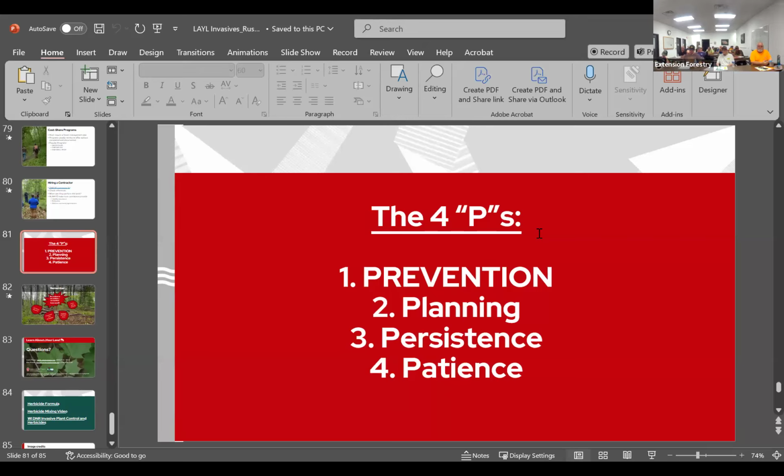In the next month and a half, you're going to have an opportunity to do some good scouting for one of our most noxious woodland invasives, and that's buckthorn. As Keith alluded to, buckthorn will keep its leaves way into October, into November.